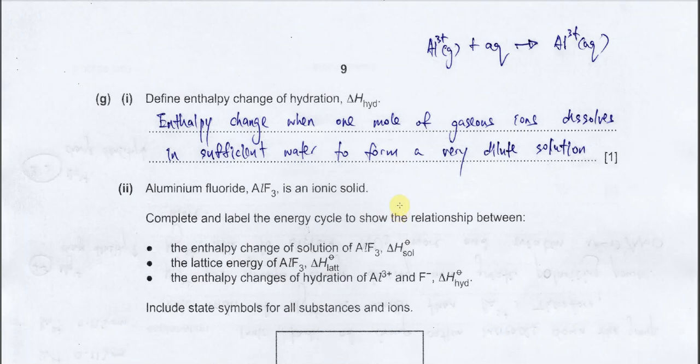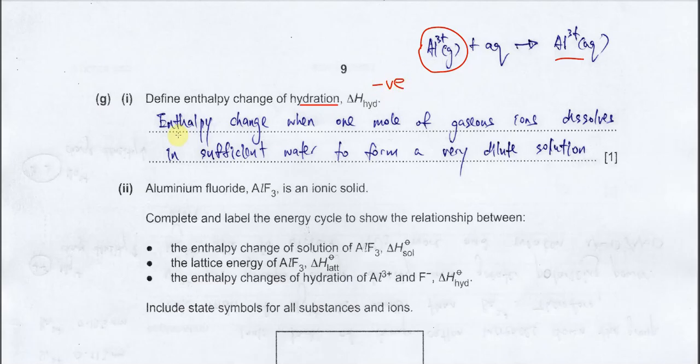Part G. 1. Define enthalpy change of hydration. Enthalpy change of hydration mostly needs the gaseous ion. It's all about gaseous ions that dissolve in water. For example, the aluminum gaseous ion, when it dissolves in a large amount of water to form the aluminum 3+ solution, the energy involved or released is the enthalpy change of hydration, and it is always negative.